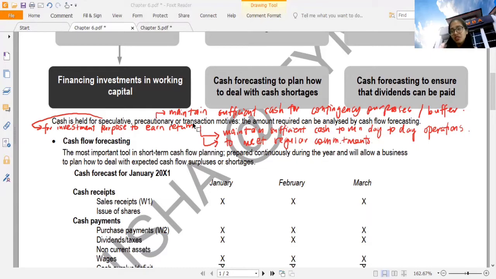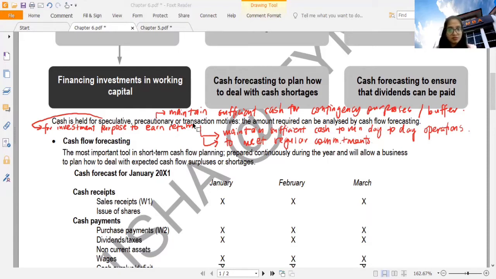You must be very careful, because when it comes to cash flow forecast, you must be aware of the timing of cash flow, number one. And number two, you must be aware that whatever information you use has to be only cash flow.